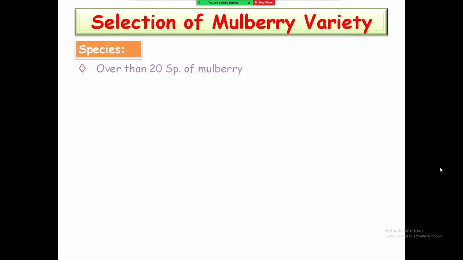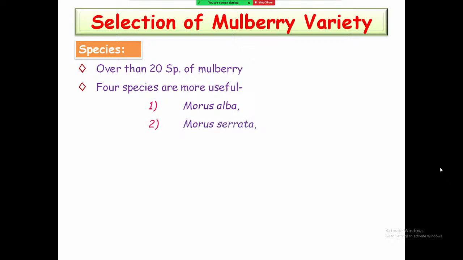There are 20 species of mulberry, out of which only 4 species are more useful for cultivation purposes. The first one is Morus alba, the second species Morus serrata, the third one Morus indica, then the fourth one Morus latifolia. These are the 4 species which are used for cultivation, especially for the rearing of the silkworm.